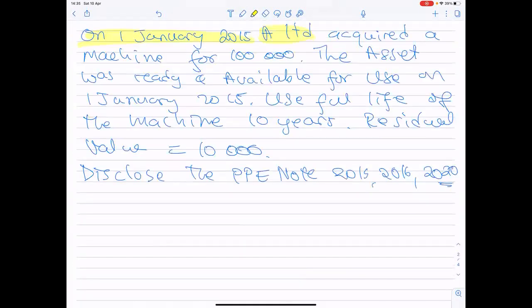They acquired a machine for 100,000. The machine was ready and available for use on the 1st of January 2015. It's very much important information. Useful life of the machine is 10 years. The residual value is 10,000. Disclose the PPE note.